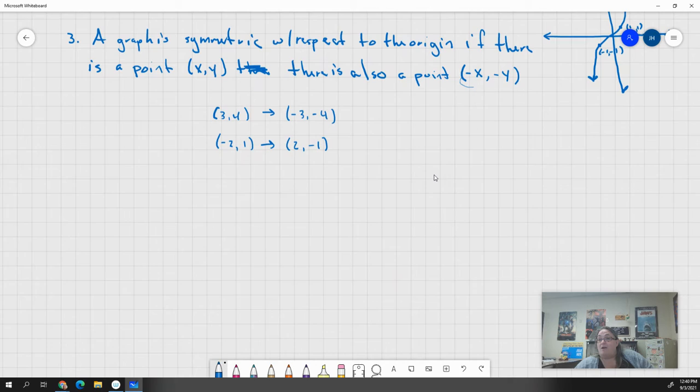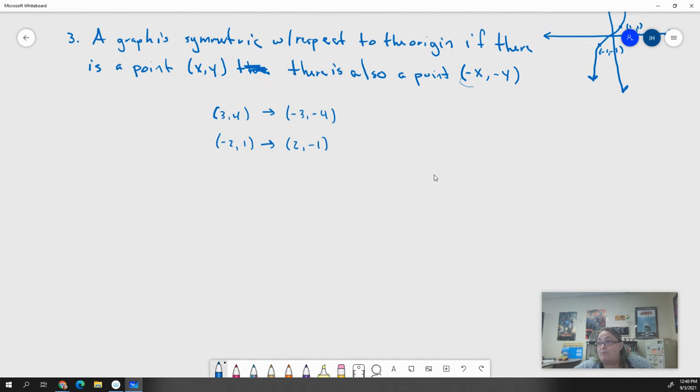Next, we're going to talk about finding symmetry algebraically. The algebraic test for symmetry. I prefer it algebraically. I like being able to see it graphically, but it makes much more sense for me to be able to determine it algebraically.